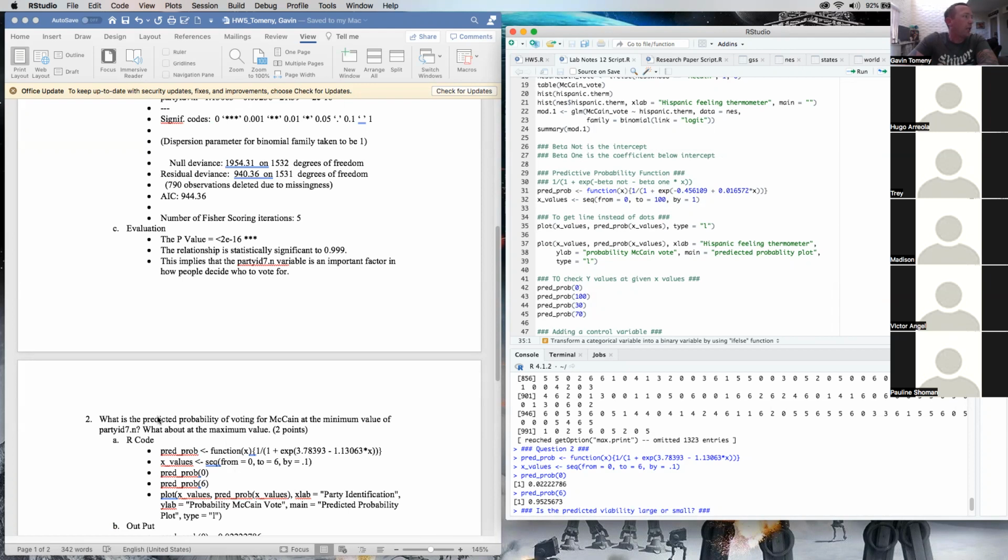And so we're looking for the McCain minimum value, so that would be the predictive probability if x equals 0. And then we're looking for our predictive probability at the maximum value, which is 6. So when we do this, the predictive prob, and then in parentheses, we want to run this function where x equals whatever we put in this parenthesis.